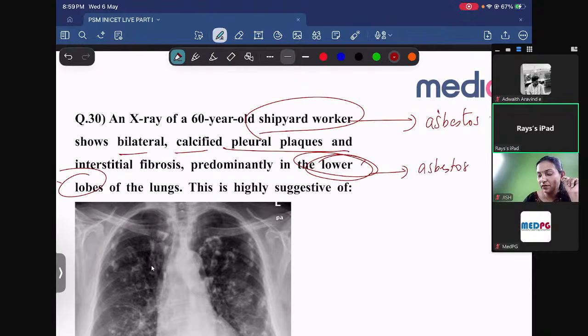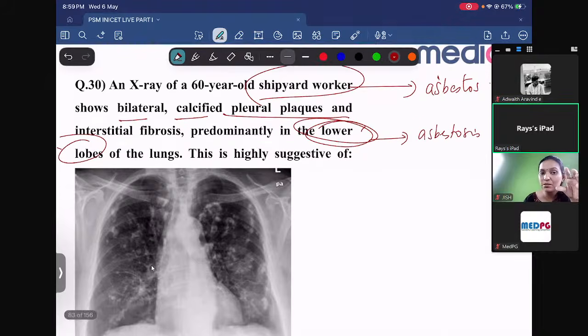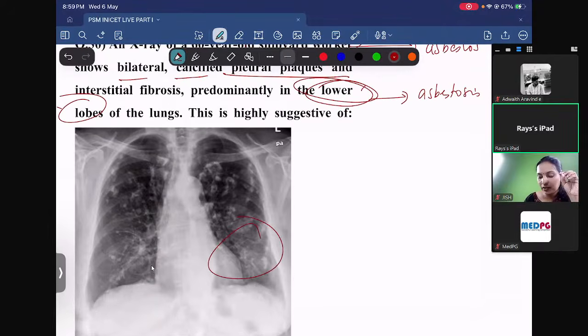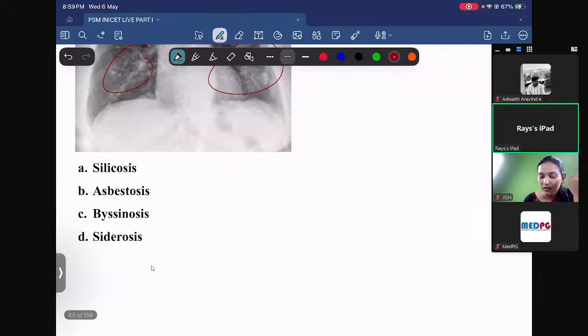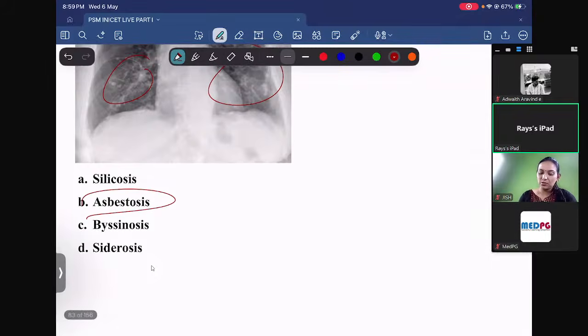So here you're dealing with a case of asbestosis, where the lower part of the lung fields are affected, and shipyard worker is an occupational exposure risk. So option B is the correct answer here. Why not the others? In silicosis, you get upper lobe fibrosis, not lower lobe fibrosis.